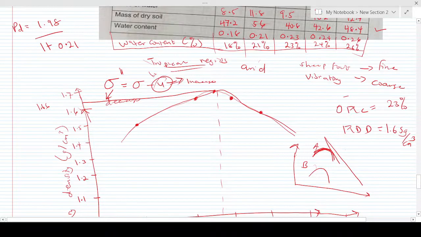When it rains heavily, the water content in the ground increases, and as the water pressure increases, effective stress decreases. So I think this is going to be the end.